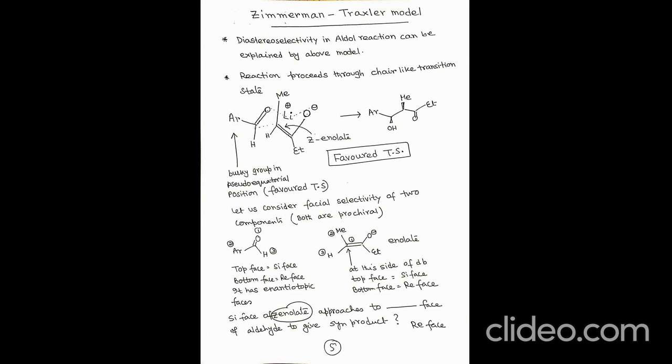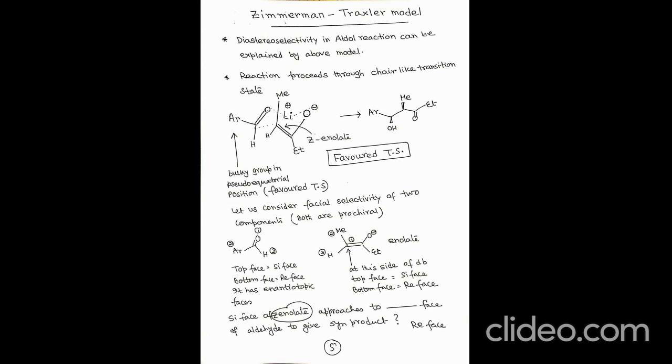Now as I have told you, this chair-like transition state has six points, and the six points will be occupied by specific atoms. Few are coming from the carbonyl compound and few are coming from the enolate. Now let us check what these six atoms are.